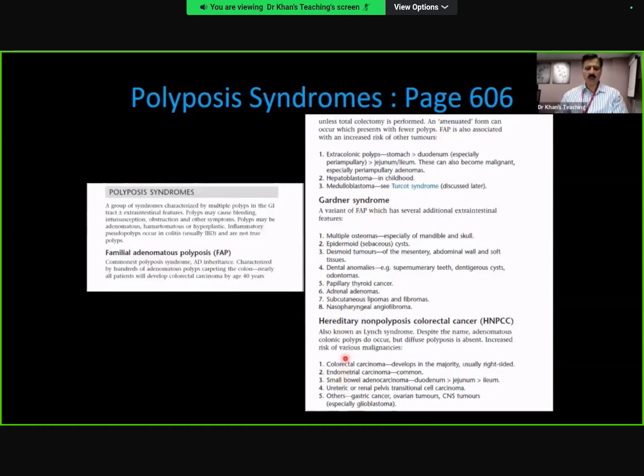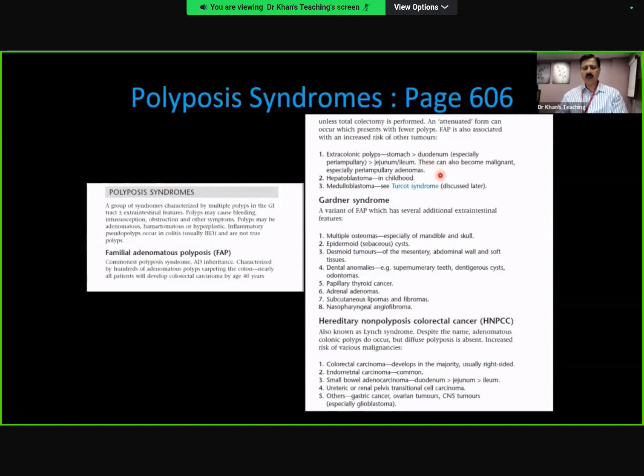The other ones are in the list, some of which I have cut from here. Now, the point to remember is that polyps can be in other parts of the GIT other than the colon. Look here, extracolonic polyps, stomach more than duodenum.